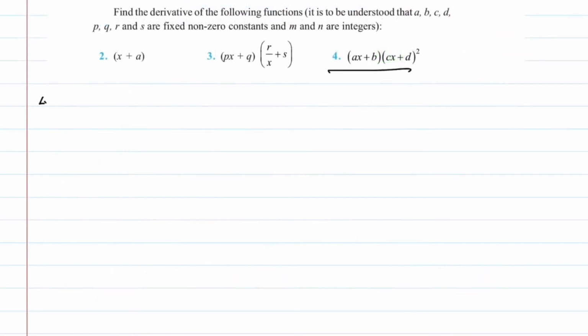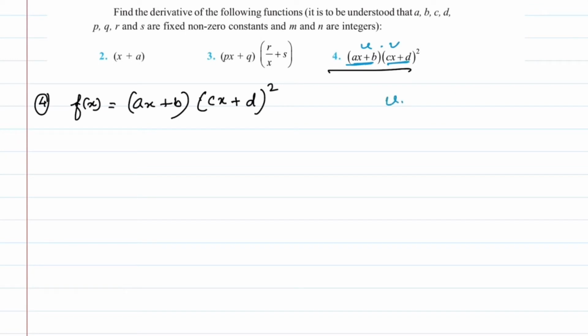So here the function is f of x is equal to ax plus b into cx plus d whole square. Again we are going to use the u into v rule. Consider the first function as u and this one as v.